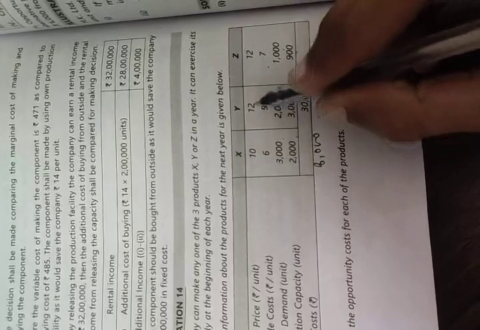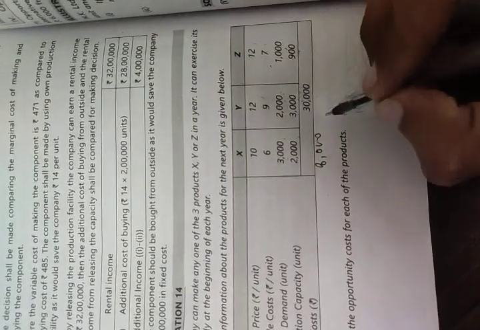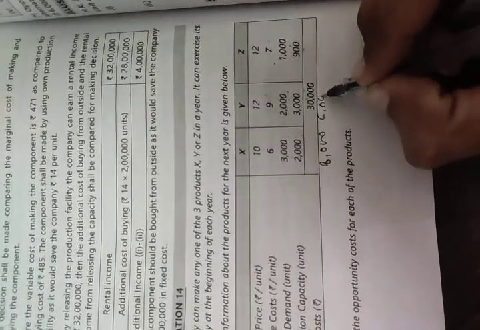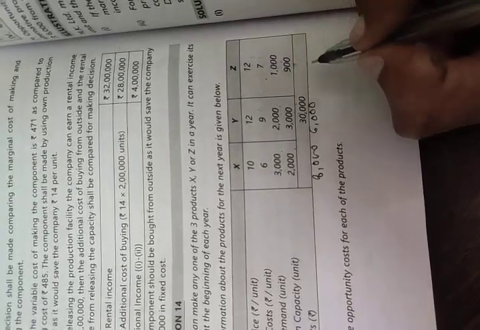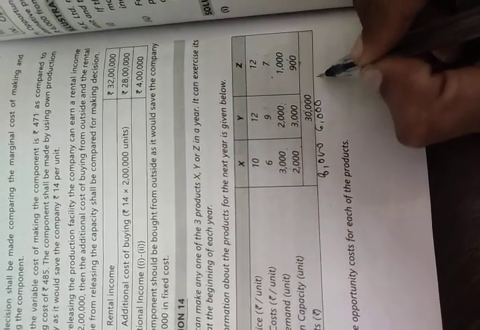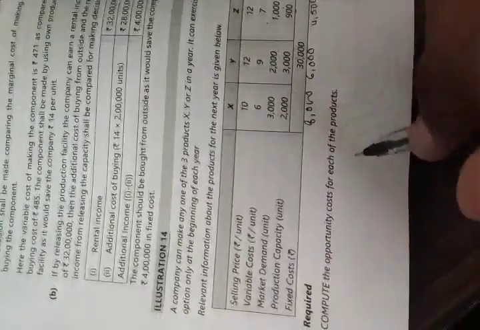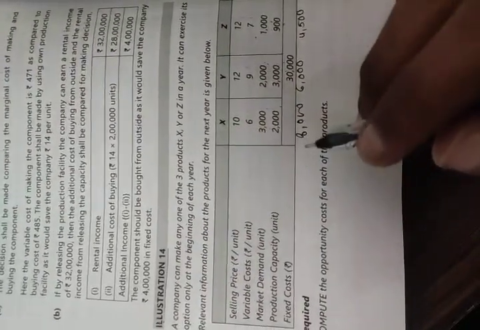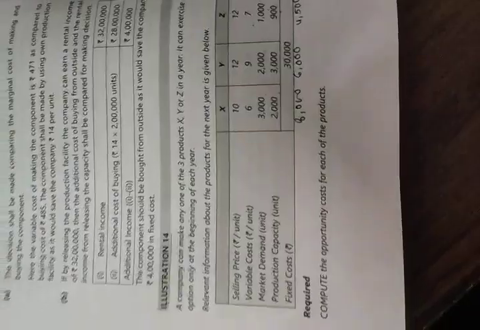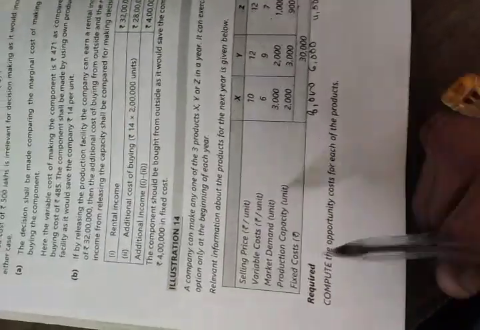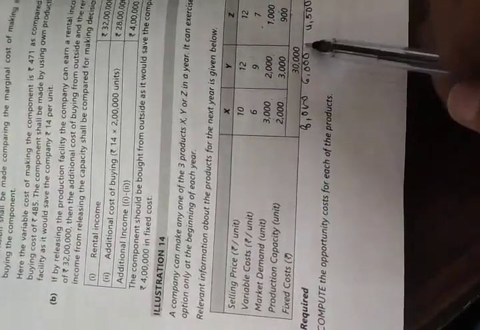Let's find out. 4 multiplied by 2000 is 8000, 3 multiplied by 2000 is 6000, and 5 multiplied by 900 is 4500.